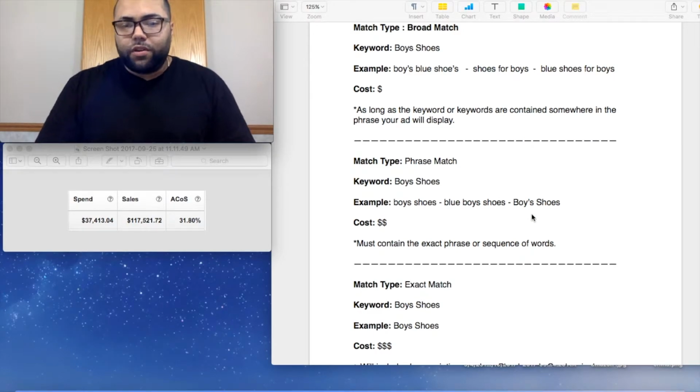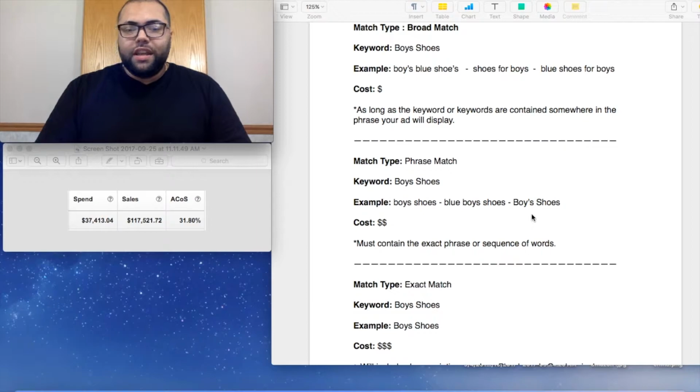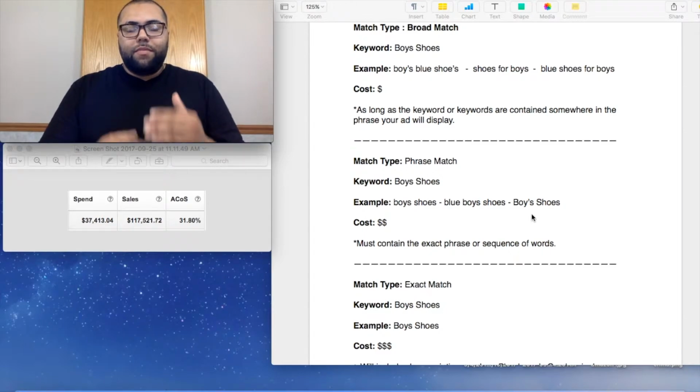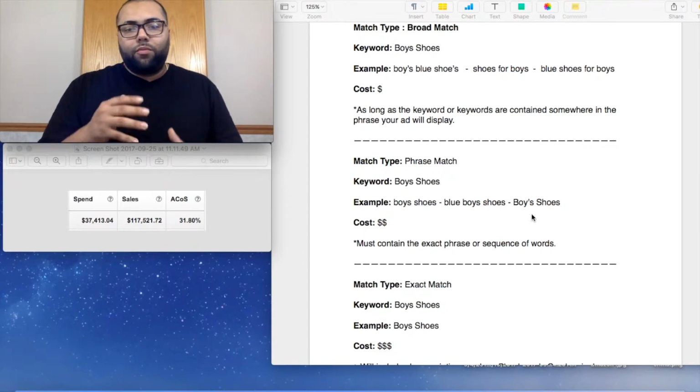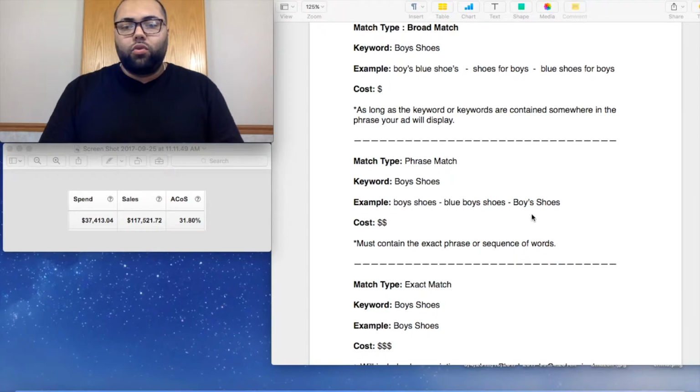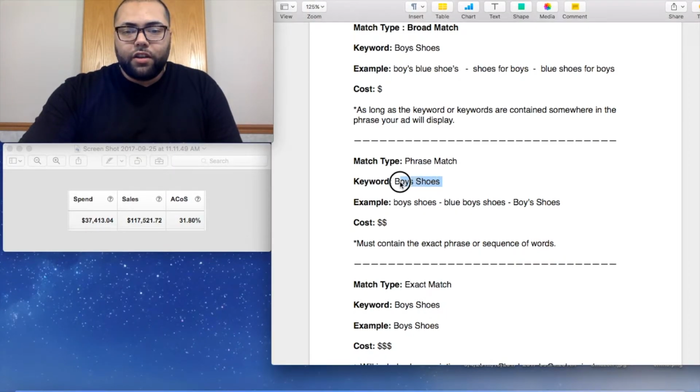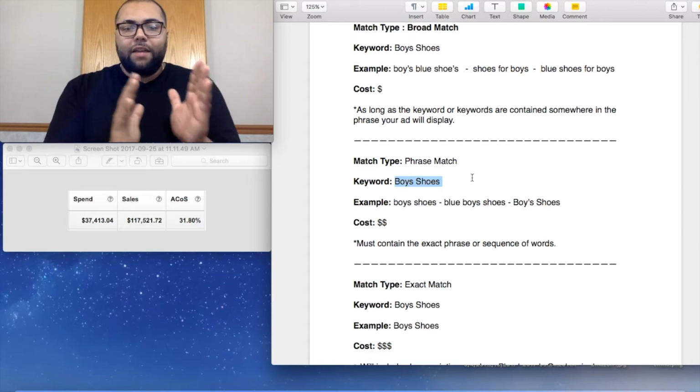So see, with boys' shoes, it has to contain the exact phrase or sequence of words. You can't be mixed up like broad match, where it was in non-sequential order. It has to be in sequential order. So see how we can still put blue in here, but boys' shoes, which is our keyword here, has to be side by side.